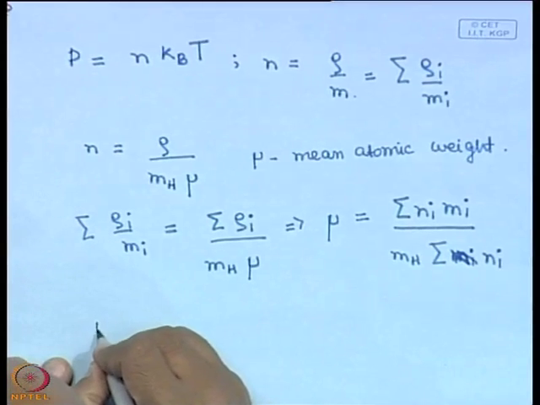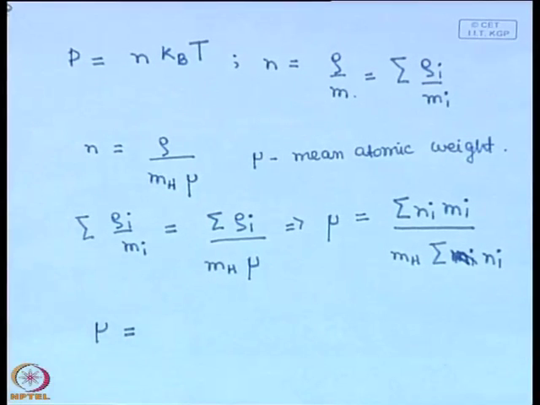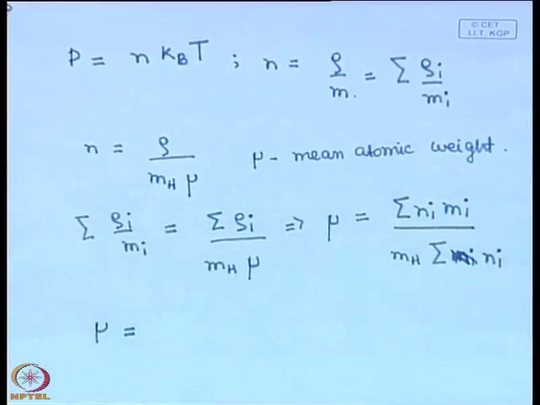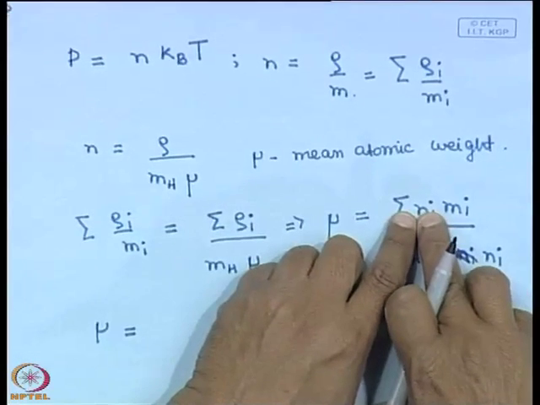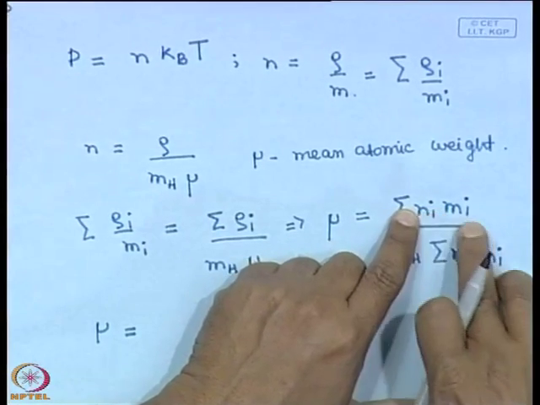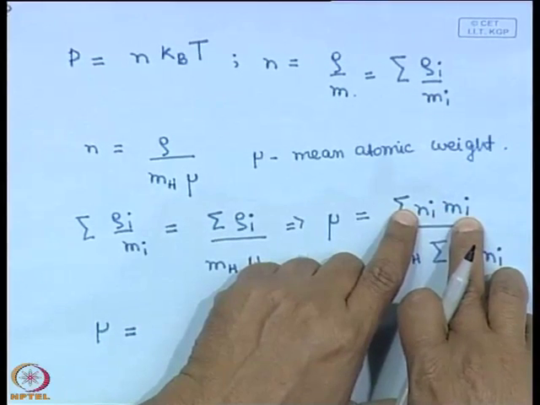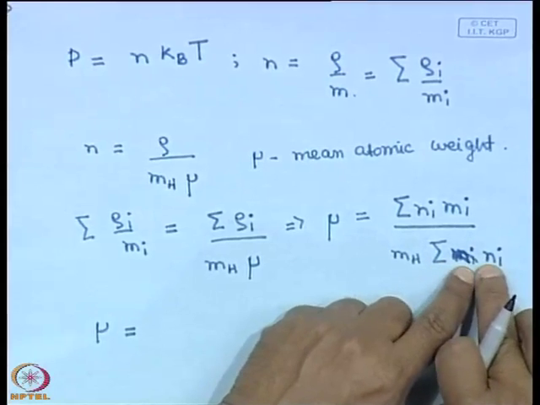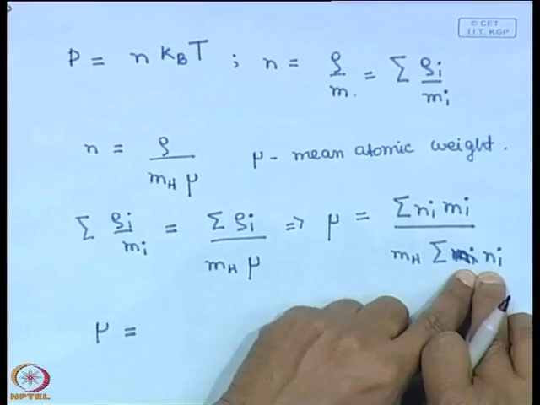right. So, from here we can say that mu, in the numerator we have the contribution only from the protons, because the mass of the electrons is negligible. Okay. In the denominator we have the contribution from both the protons and the electrons.